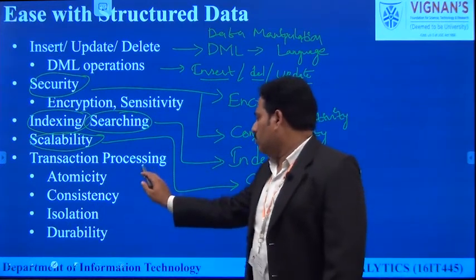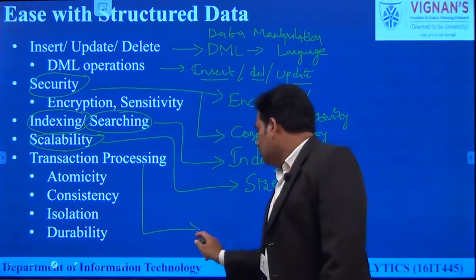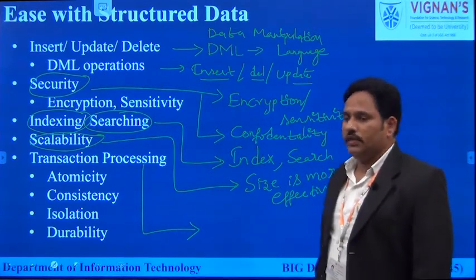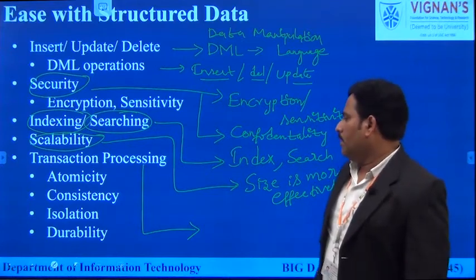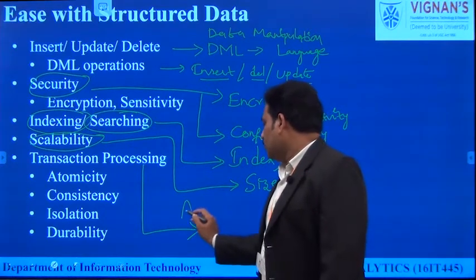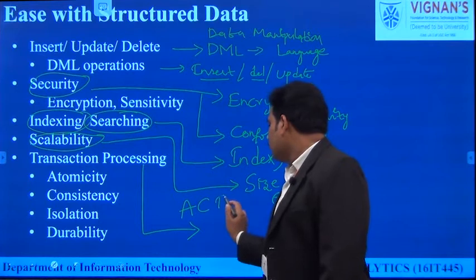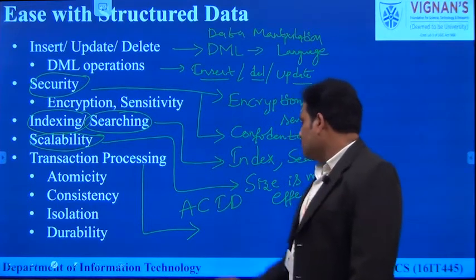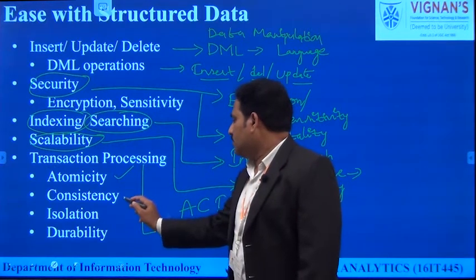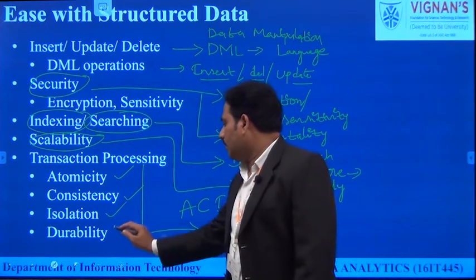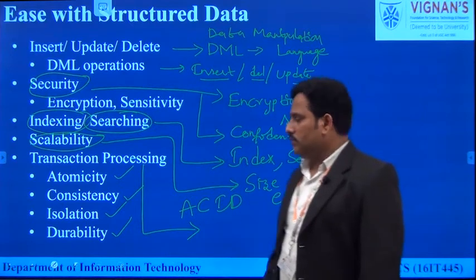And lastly, we will see that transaction processing is one of the advantages of structured data. Transaction processing we can also call ACID properties. ACID stands for atomicity, consistency, isolation and durability.